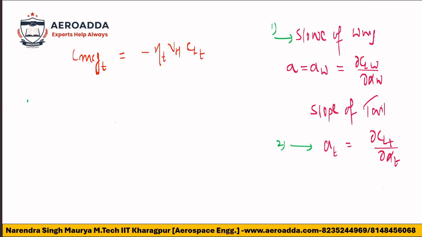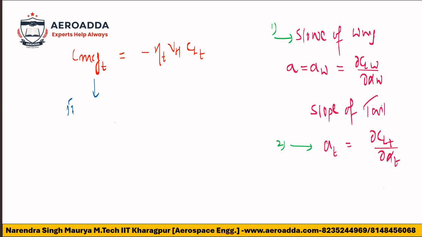Now we'll be finding the angle of attack for the tail. That we had already seen in my partial derivation last class, for the tail contribution. The full derivation I had not given, but at least the idea, a few steps, and the diagram I had given.